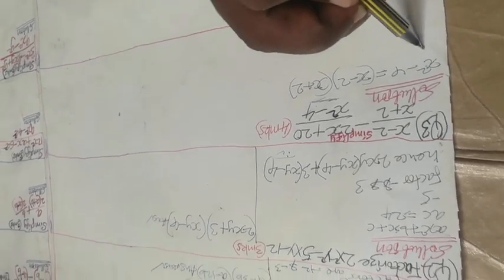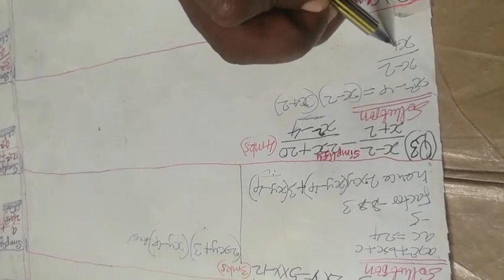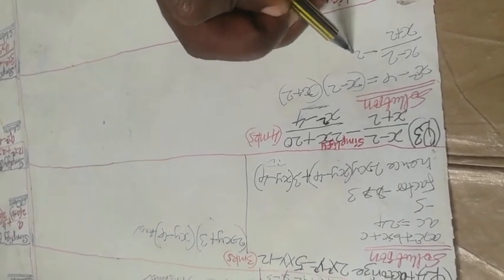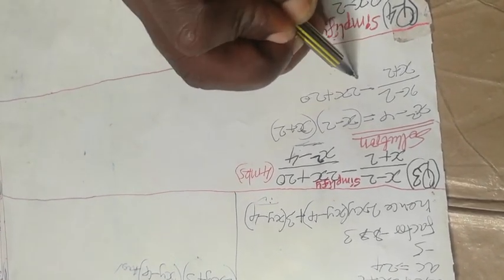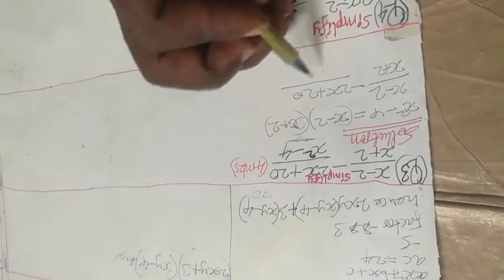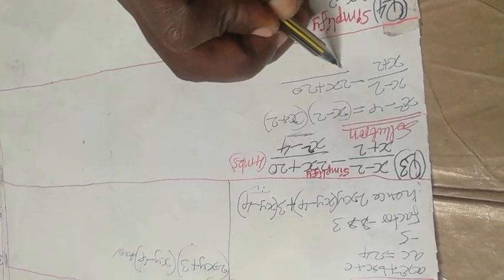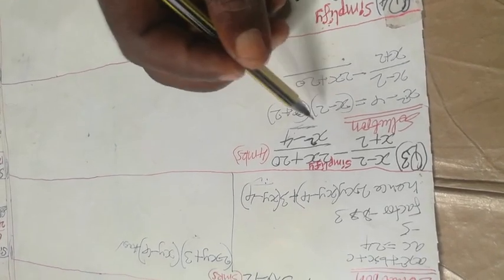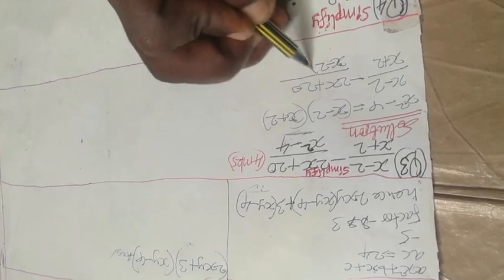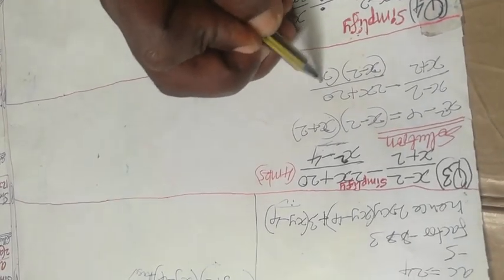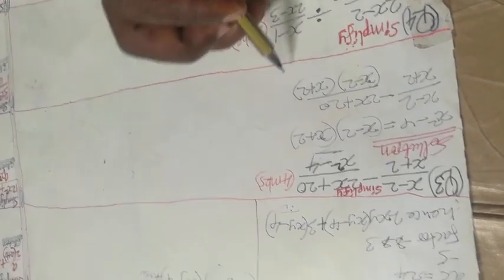The new expression will be x minus 2 over x plus 2 minus 2x plus 20 all over x minus 2 into brackets x plus 2, because this part is equivalent to the difference of two squares.